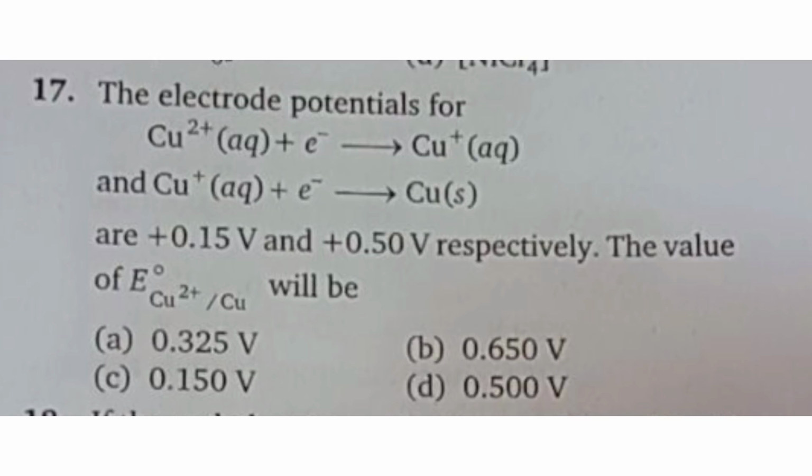The value of E0 Cu2+ by Cu will be. And the right one is option A, 0.325 volt.